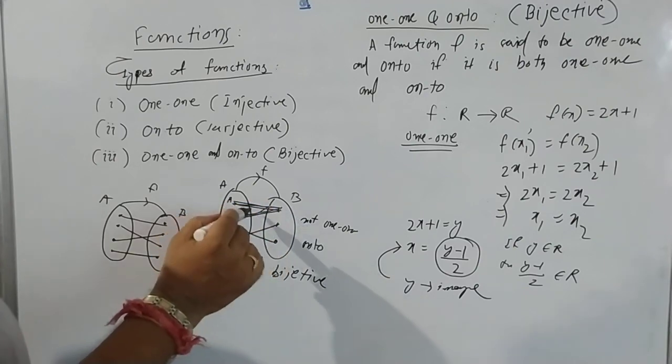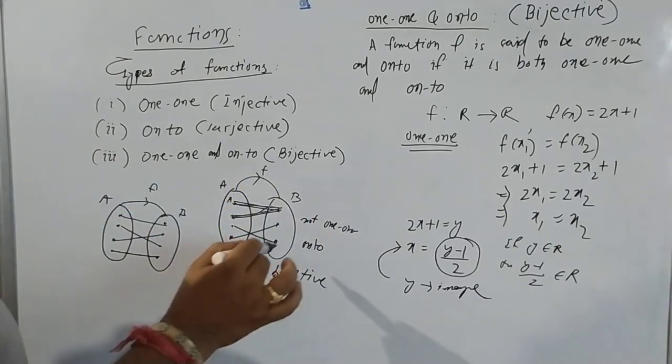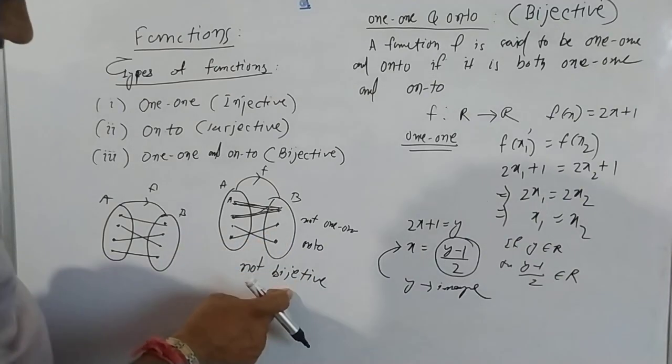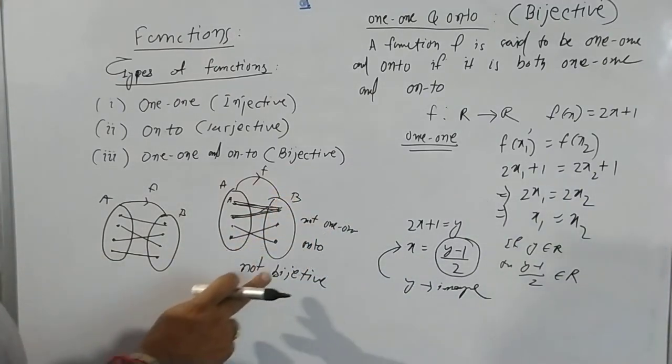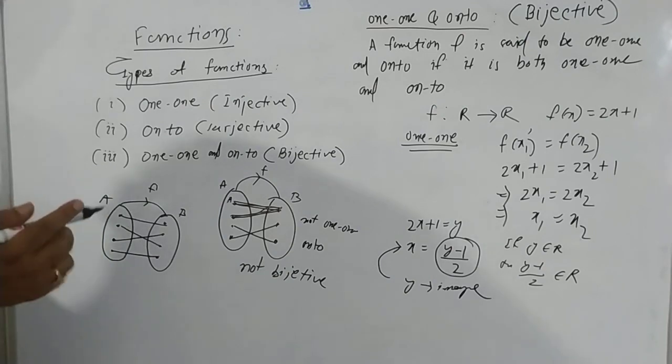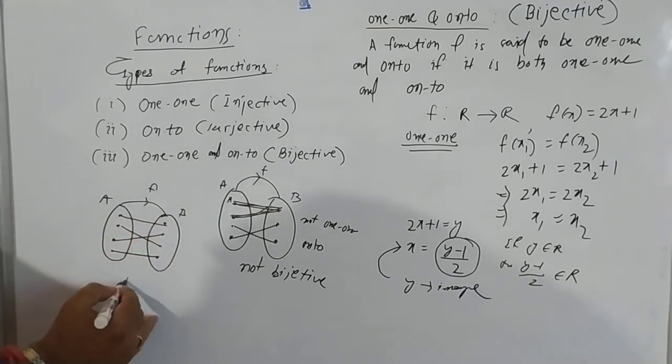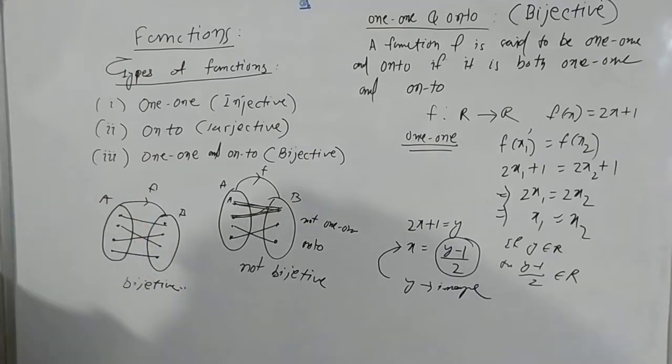Hence it is not 1 1 but onto. To be bijective it must be both 1 1 and onto, hence it is not bijective. But in this case this is 1 1 and onto, hence it is a bijective function.